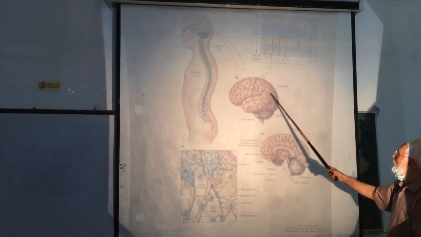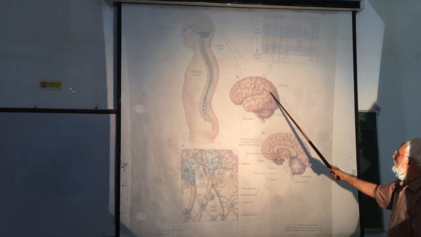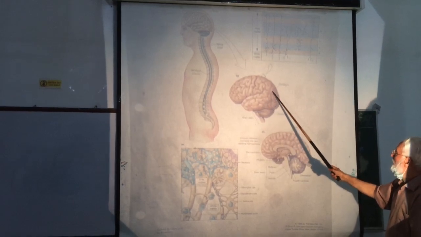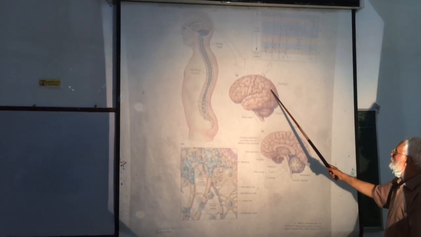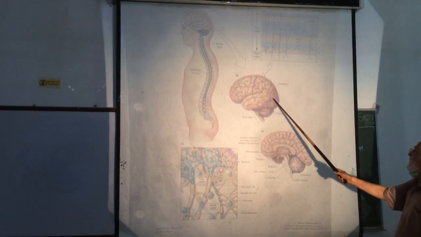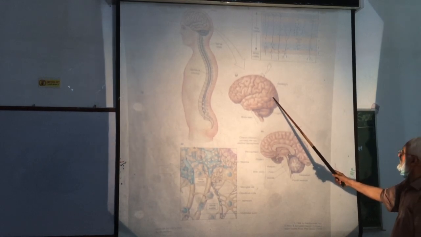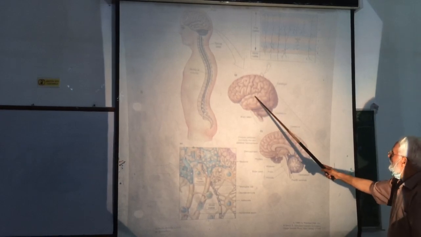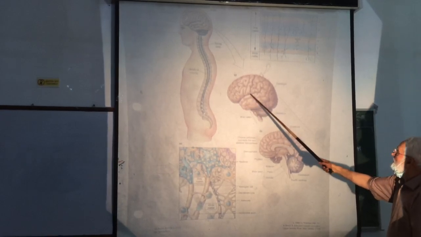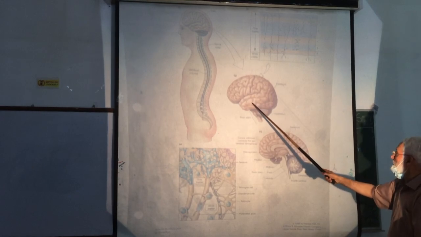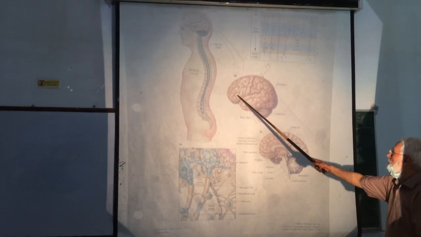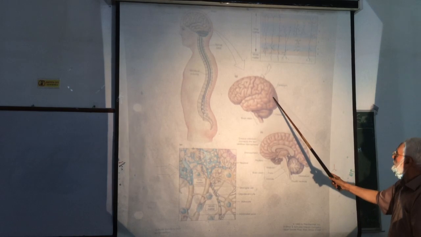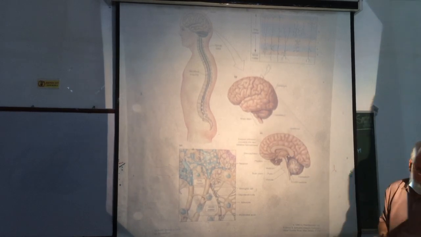Inferior to the parieto-occipital sulcus is the occipital lobe, and inferior to the lateral sulcus is the temporal lobe. So frontal lobe, parietal lobe, occipital lobe, and temporal lobe.